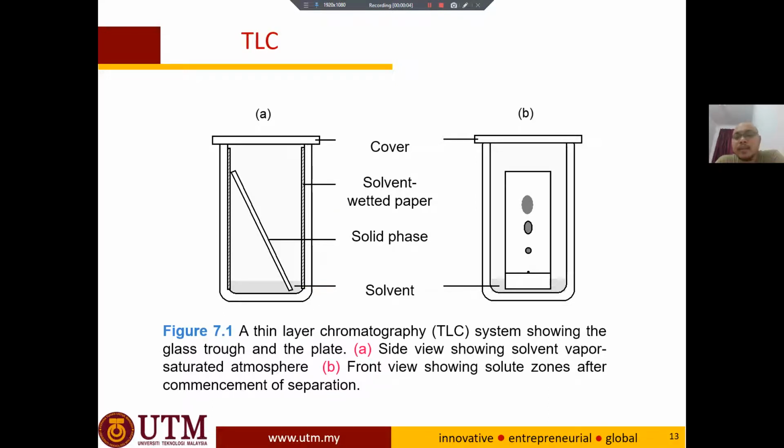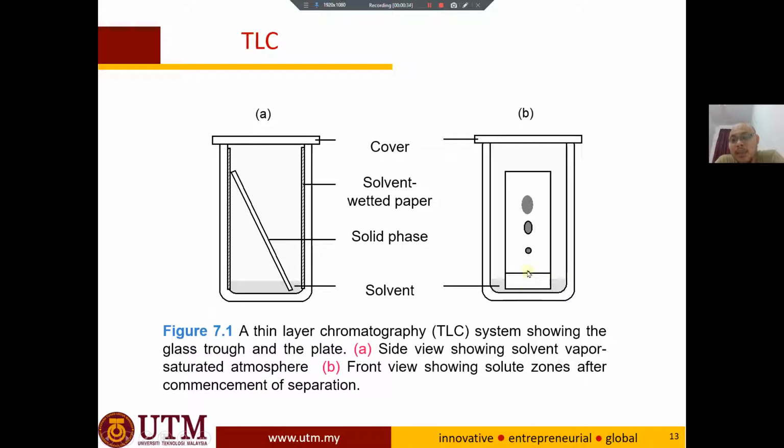here is the example of the TLC setup. TLC system showing glass trough and the plate, side view showing solvent vapor saturated, front view. Here is the side view. Here is the front view. If you look over here, the thing that I need to remind you, for example, you spot at this line, your solvent level never exceeds this line.